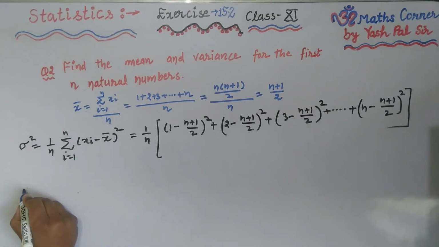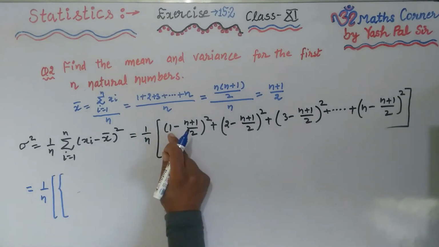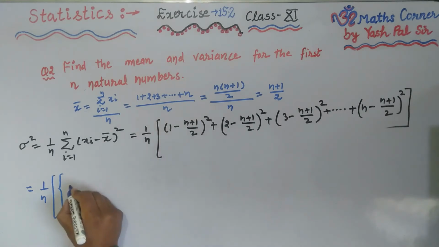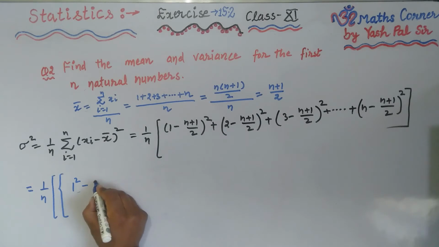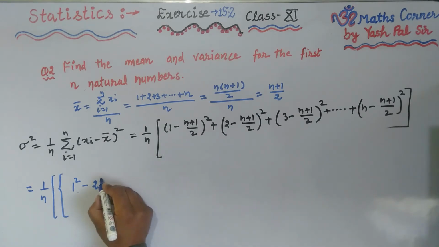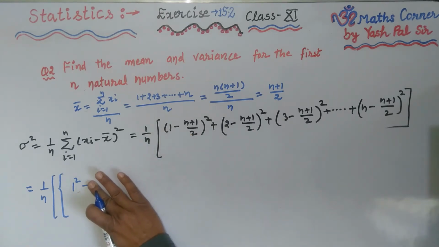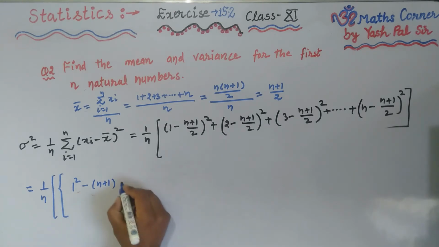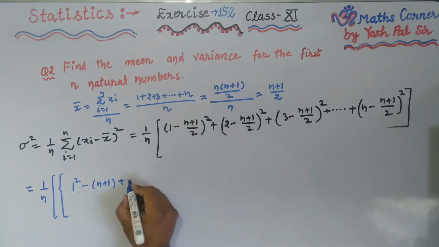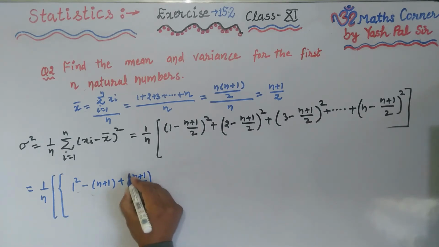The very first bracket is 1 square minus 2 into this into this, the 2s will be cancelled, so we are left with n plus 1, plus the second term, n plus 1 upon 2 its whole square.